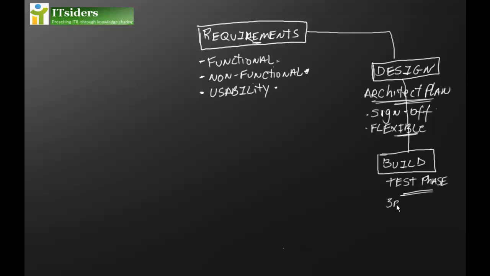So I'm going to put here third parties and integration. Yeah, you need to test that as well. And test what? Your infrastructure, not only your application. Infrastructure, integration, third parties, okay?